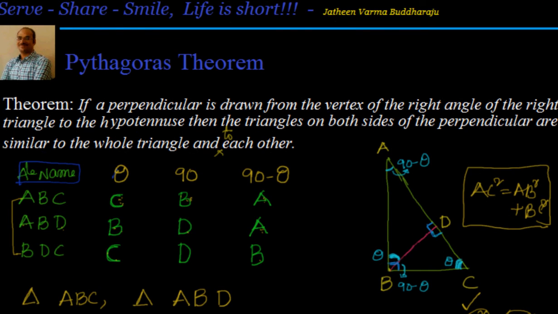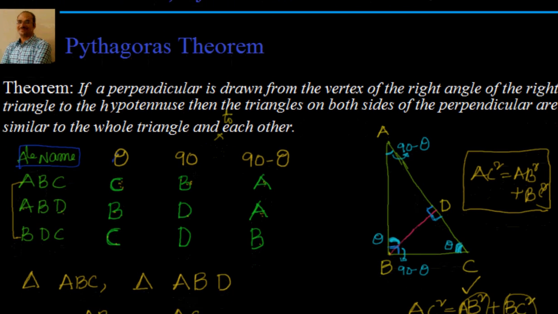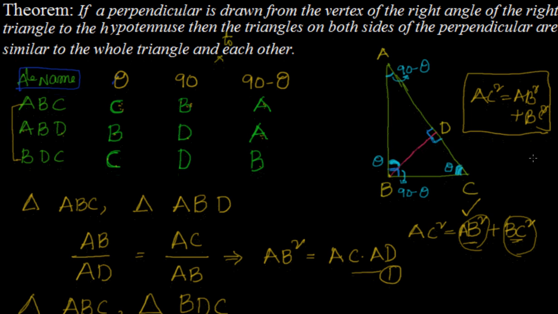Let me just summarize what we have done. We have a theorem in similarity using right angle triangles, where if you have a right angle triangle and you drop a perpendicular from the vertex where you make the right angle to the hypotenuse, then the triangles on both sides of the perpendicular are similar to the whole triangle, the big one ABC, and they are also similar to each other.